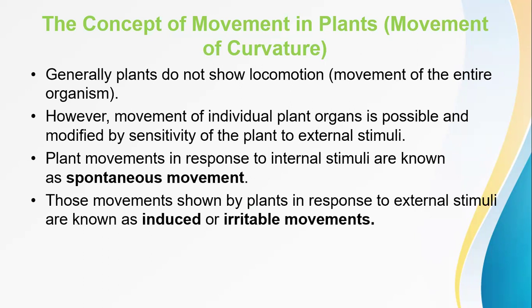So you have to note that the spontaneous movements are the movements that plants experience in response to the internal stimuli, while those movements shown by plants in response to external stimuli are known as the induced or irritable movements. So from there, we have two common terms, the spontaneous movements and the irritable or induced movements.